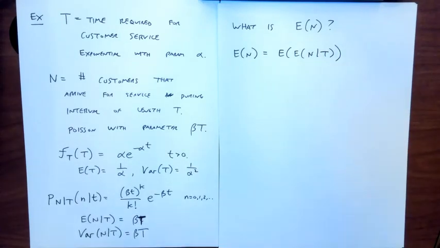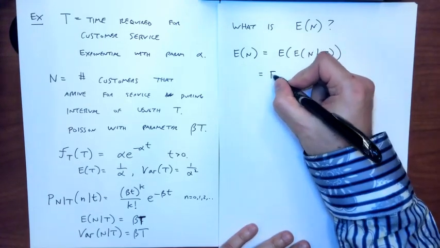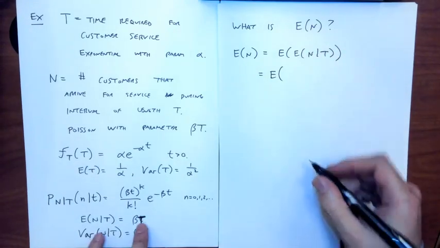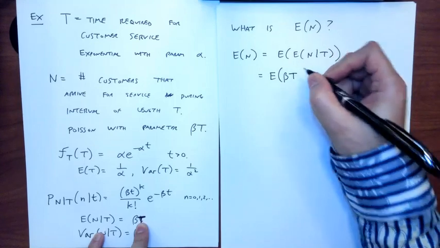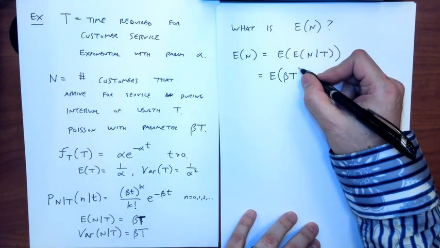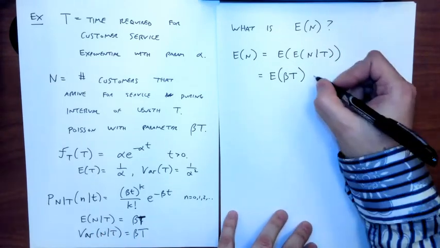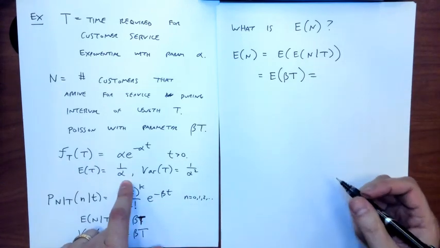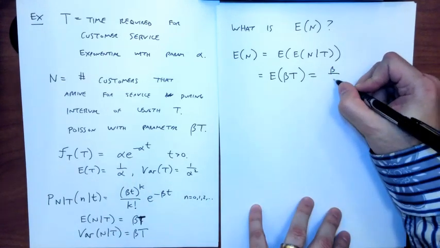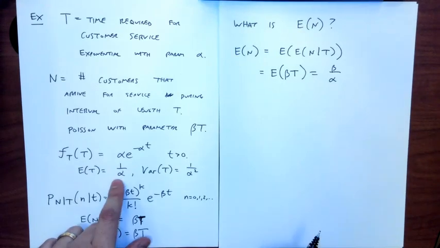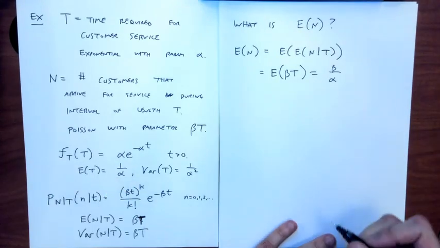I'm using the law of iterated expectation because what I gave you was the conditional distribution. This is pretty easy: the expected value of beta t is beta over alpha. I don't have to do any integration because I know this already. I just took the beta out.